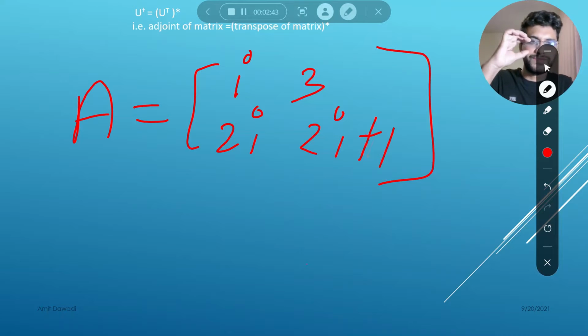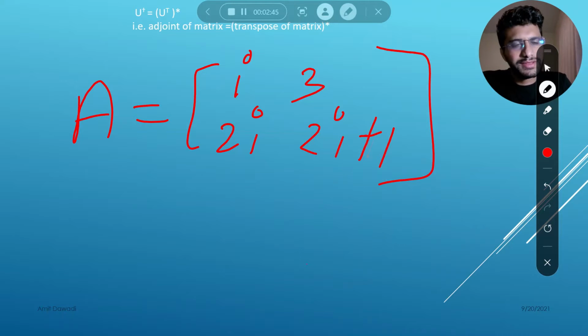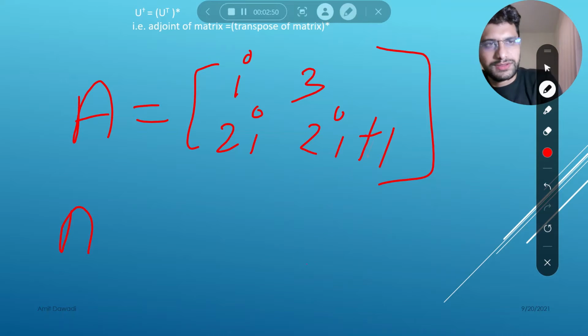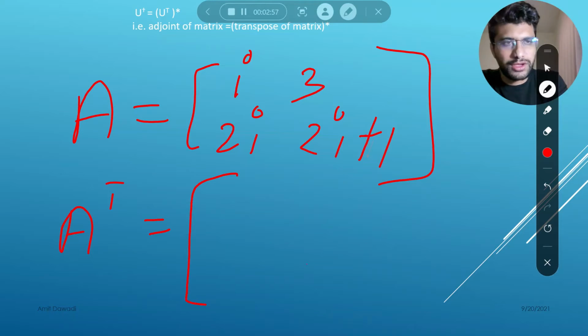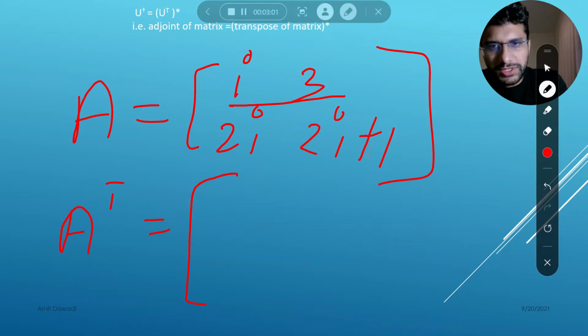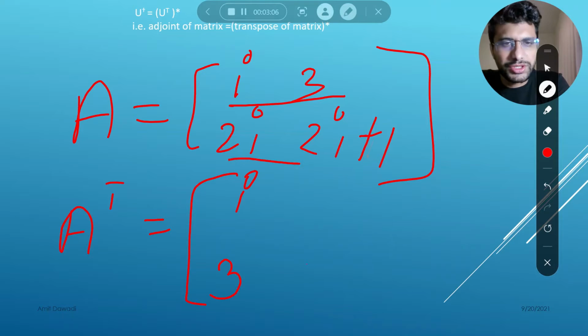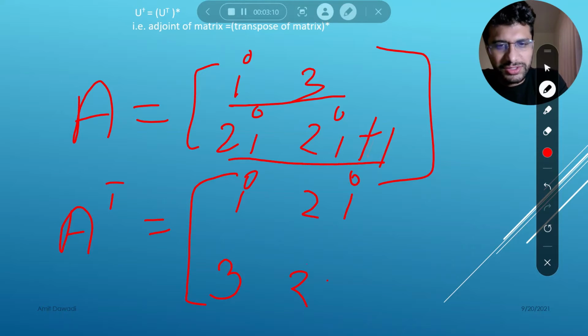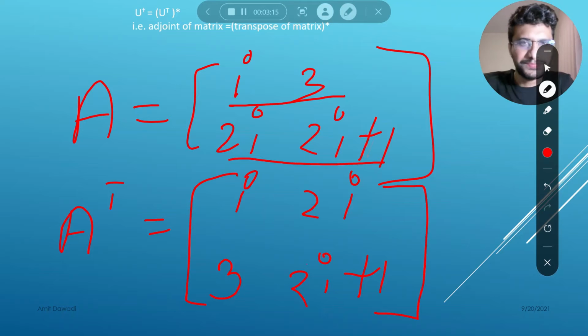This is my matrix, so I'm going to write its transpose first. The transpose of A is written as A transpose, which is a new matrix with rows interchanged with columns. So I change the first row into the first column in the new matrix, so it is i, 3. And again, I change the second row to the second column, like 2i and 2i plus 1. This is my A transpose.